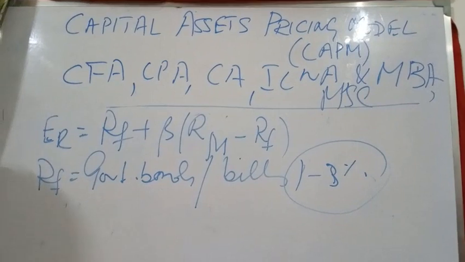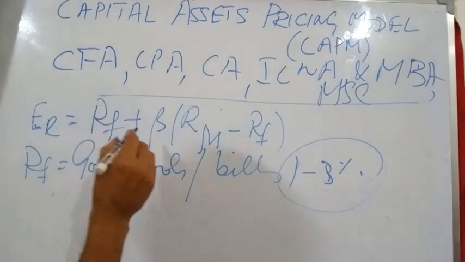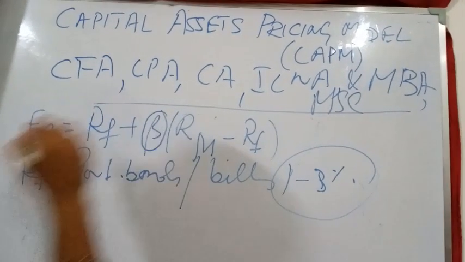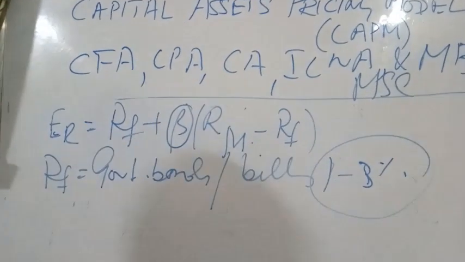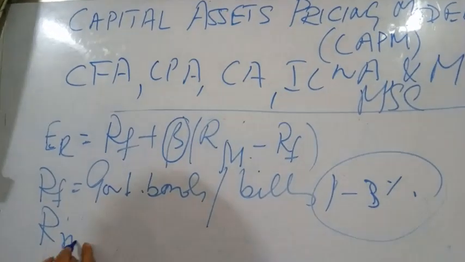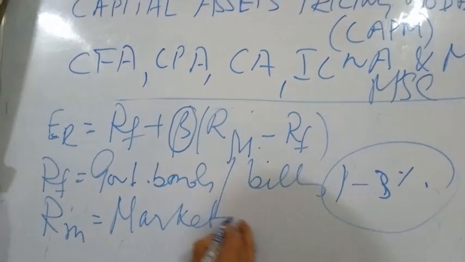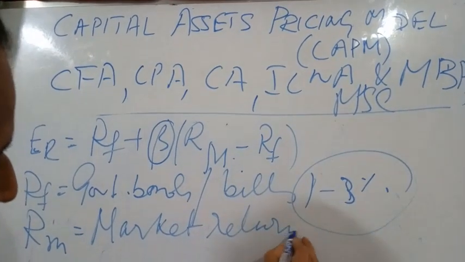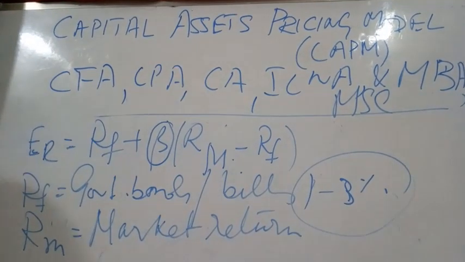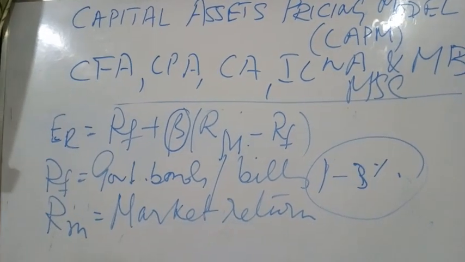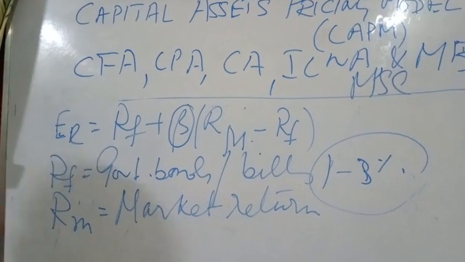I am coming to beta at a later stage. Now we come to RM. RM is the market return, that is the return one gets from the market, the average return the market is providing to the investors.